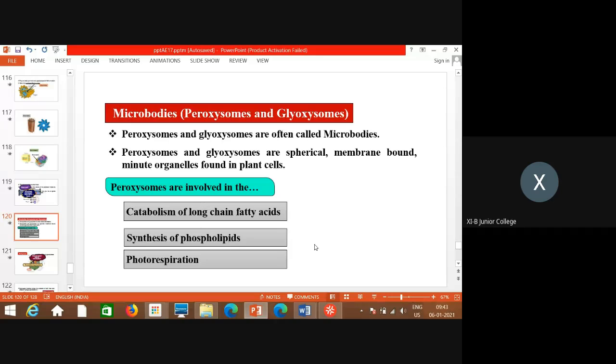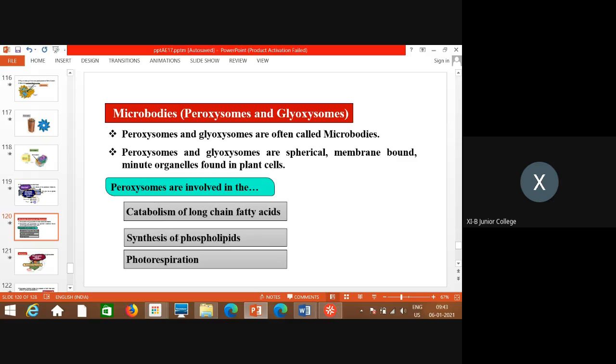Peroxisomes are involved in catabolism of long chain fatty acids, synthesis of phospholipids, and photorespiration.